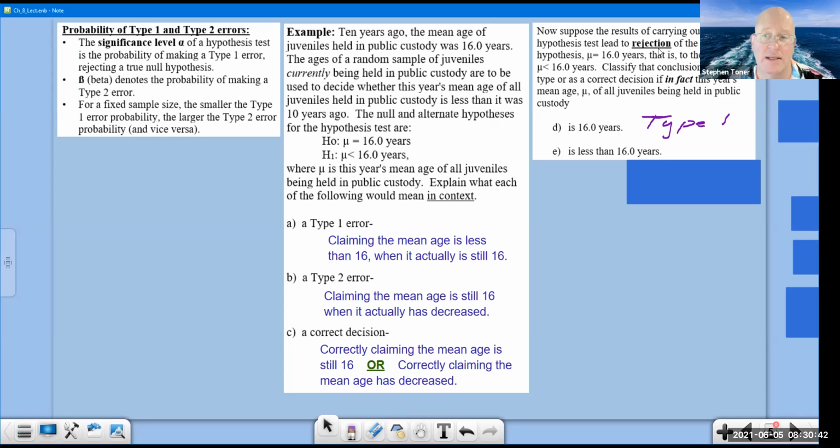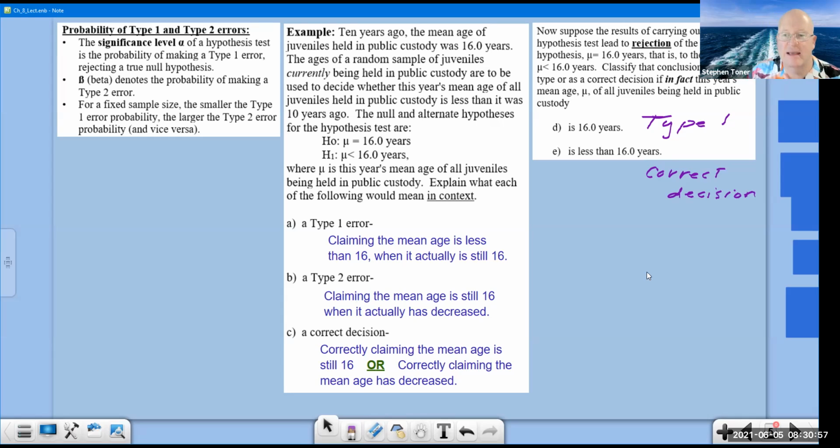If we rejected H0 and went with the less than, and in fact the age is less than 16, that was a correct decision. So I need you to be able to recognize and articulate what these different error types are, because that really is the heart and the beginning of what this chapter is going to be about.